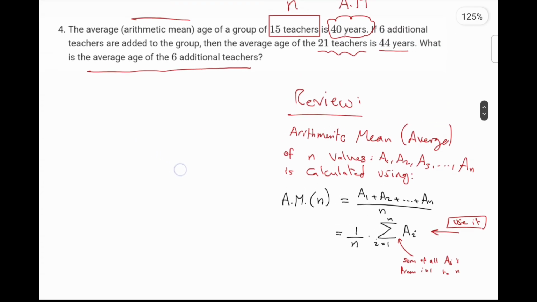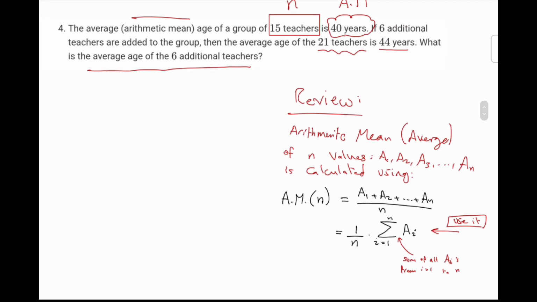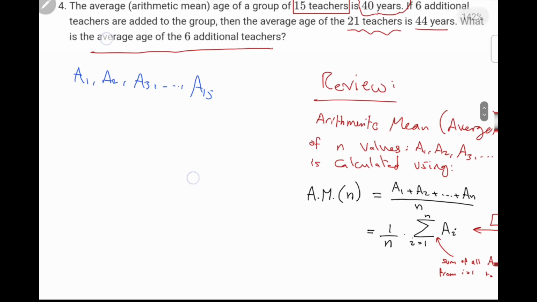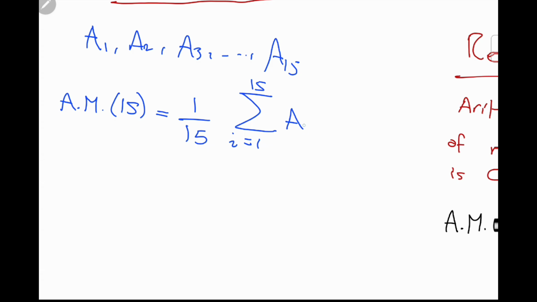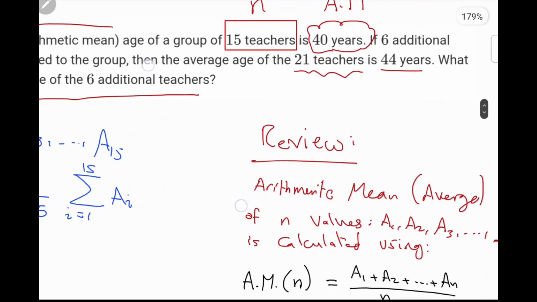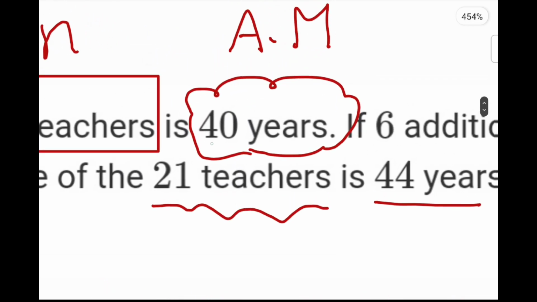So let's go back to the question. The question says that if I have 15 teachers with ages A1, A2, so the first teacher's age, second teacher's age, A3 up to A15, then it is given that the arithmetic mean of those 15 values is equal to 1 over 15 times the sum I equal to 1 to 15 of AI, and the average is given by 40.